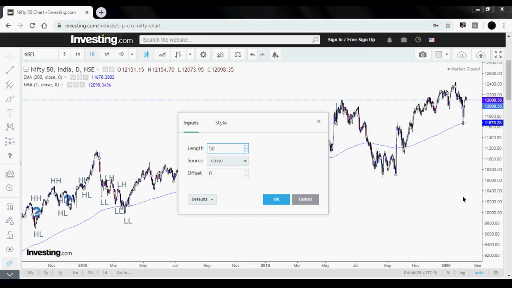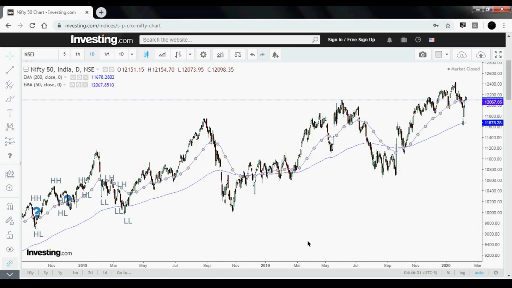If you see here, there are places where the market is above this 50 period moving average, and that means the intermediate term trend was up. Again, when the market closed below that, the trend turned from positive to negative. Again, we had this positive trend or uptrend. Again, it closed below that, and we are in a downtrend.